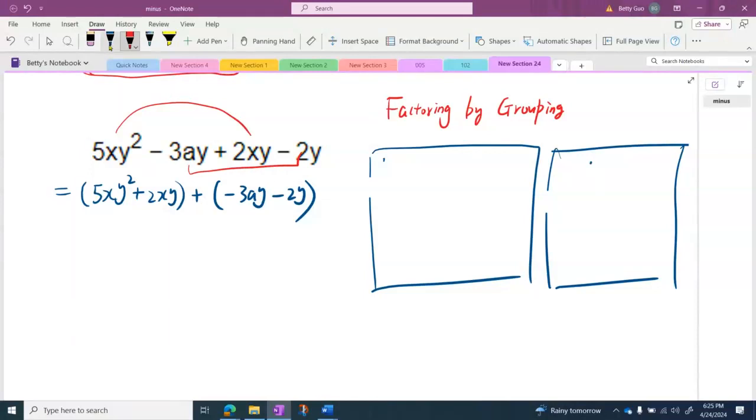Okay, so in the first group, we have 5xy squared plus 2xy. Second group, we have negative 3ay minus 2y. So from the first group, we have x is common, y is common. Factor that out, we have 5y plus 2.